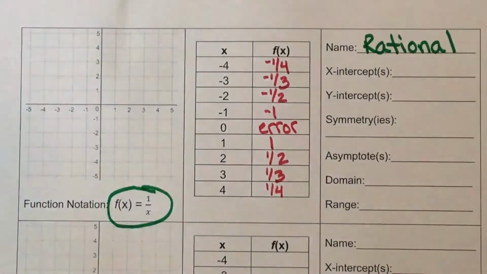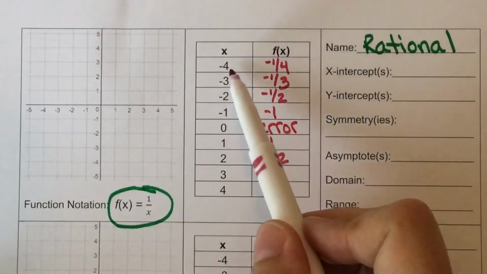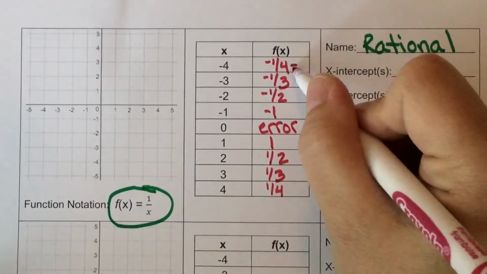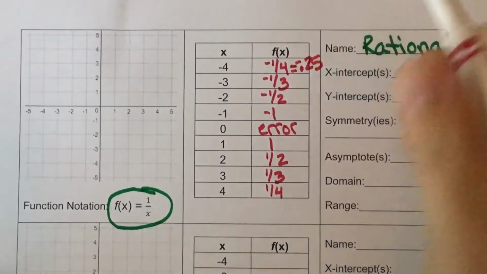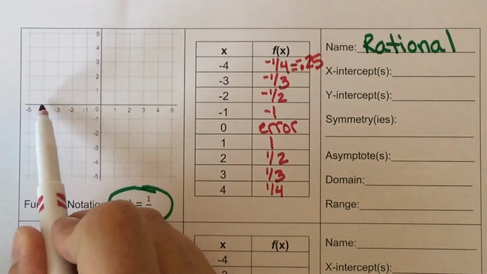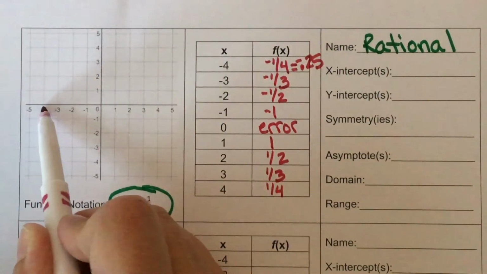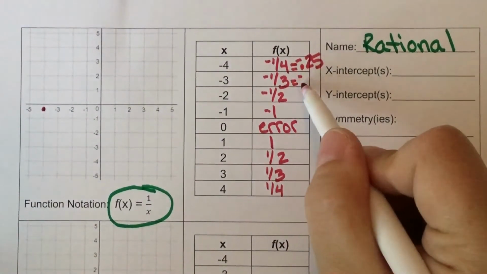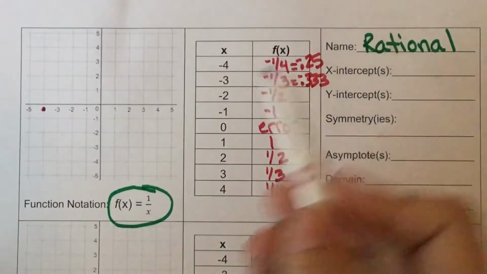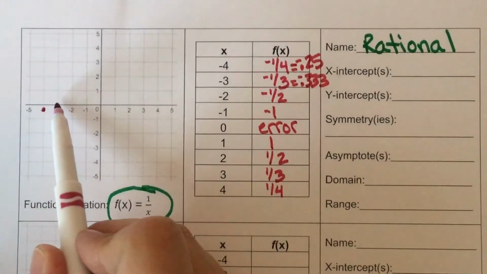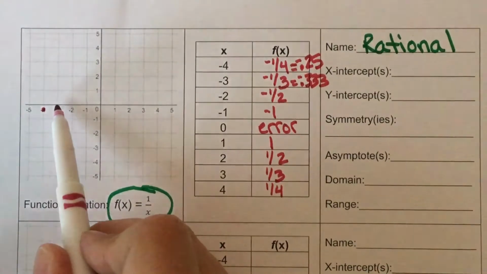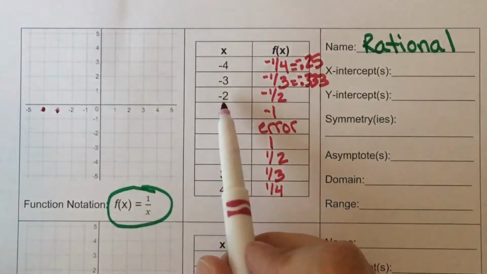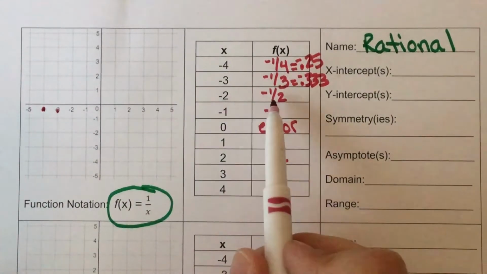Okay, let's see if we can plot these points. I'm going to go left 4, and this is a quarter, so it's negative 0.25. So I'm going to go left 4 and down just a quarter of the way. Negative 1/3 is like negative 0.3333, so I'm going to go left 3 and down just a little bit more than the last time. Negative 2, I'm going to go left 2 and down 1/2.